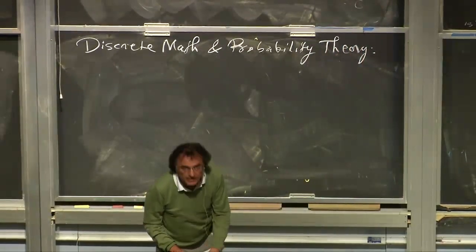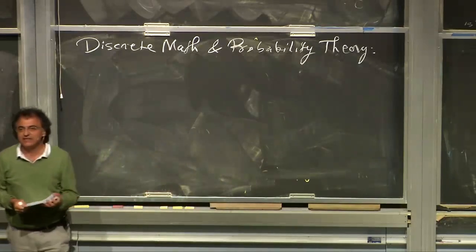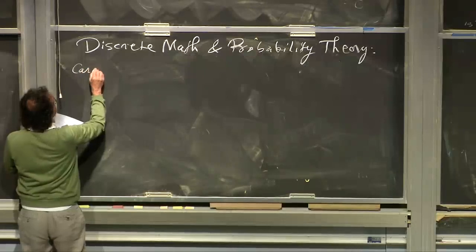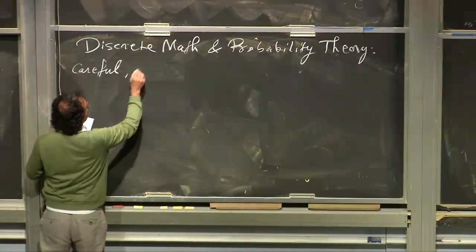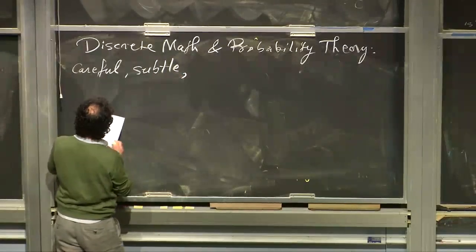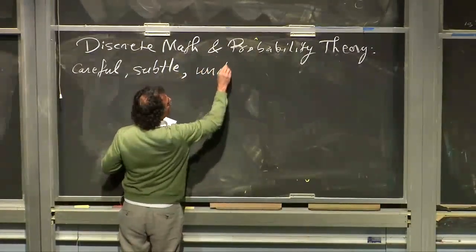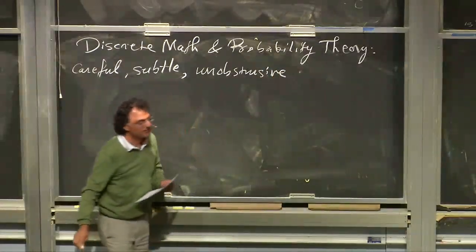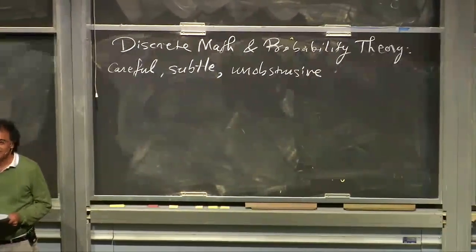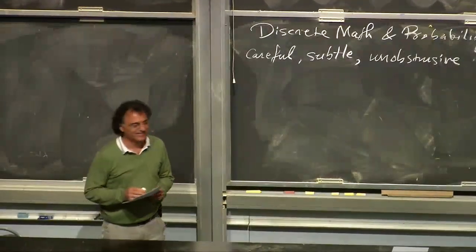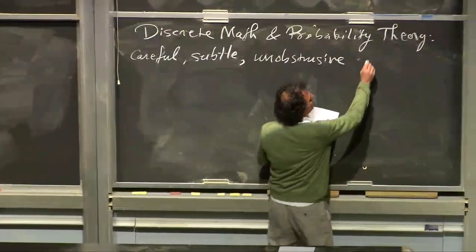So if you look up discrete in the dictionary, you'll see careful, subtle, unobtrusive. And then you'll also realize that you looked up the wrong word, because this is discrete.